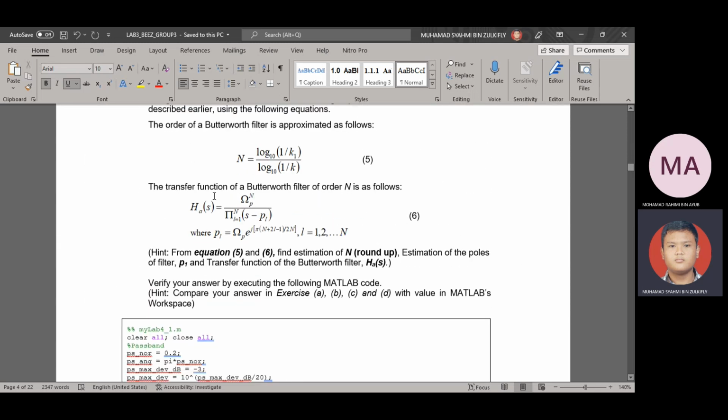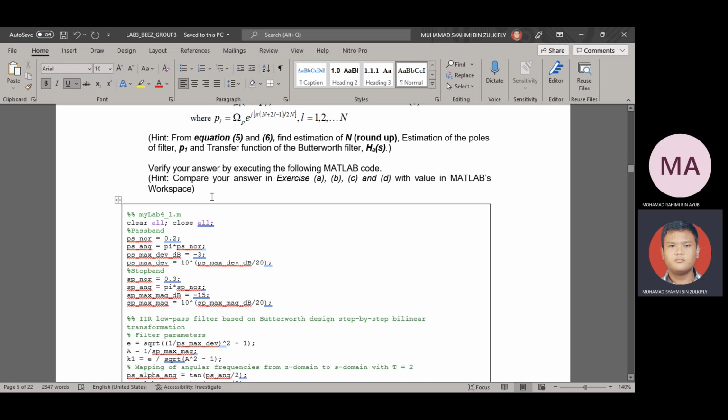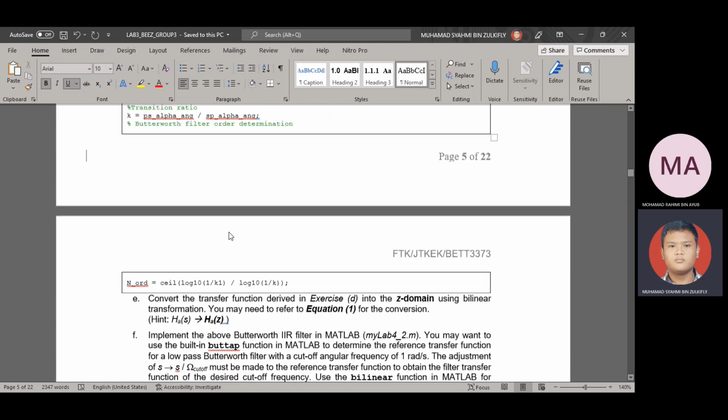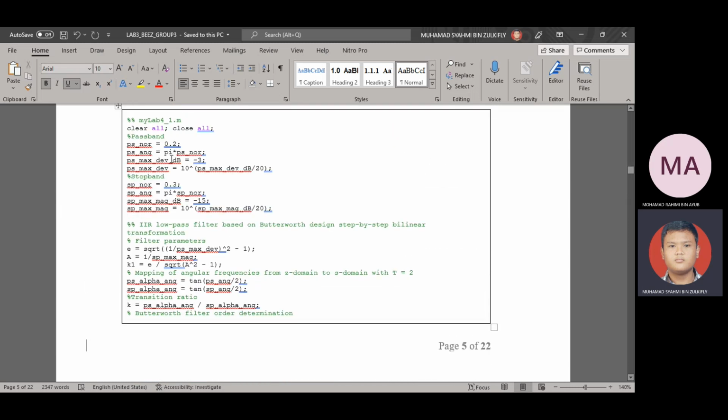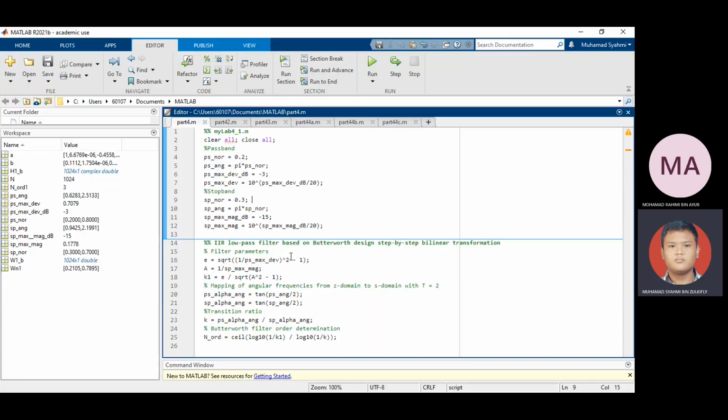Okay, I'm going to go through the coding. The first coding is this. First, you just need to copy the coding that was given in the procedure and paste it into MATLAB.